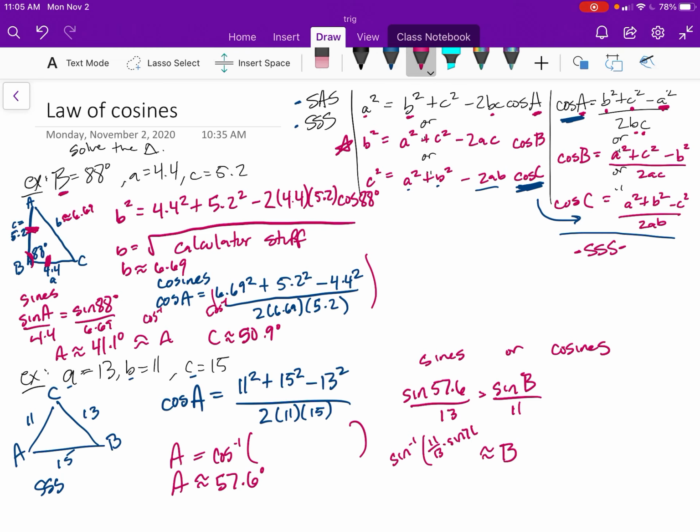Okay, do it all at once, right? 11 over 13 times sine 57.6. Do the sine inverse, and you should get, for B, 45.6 degrees. And then last, we could get C by subtracting from 180. So 180 minus 57.6 minus 45.6 should yield 76.8 degrees. And there's our 3 unknowns for that one.